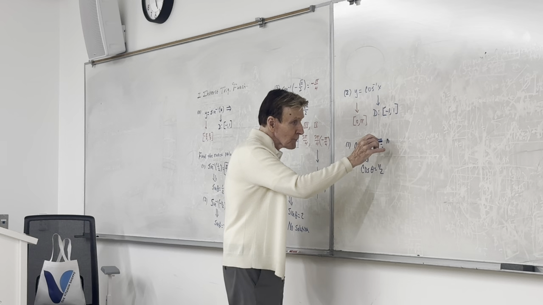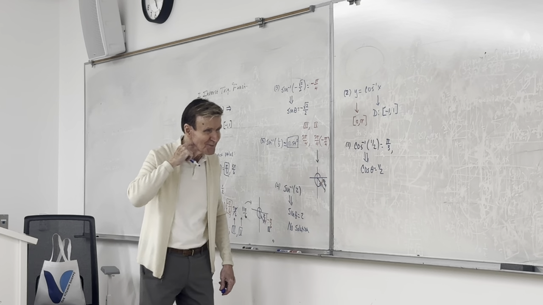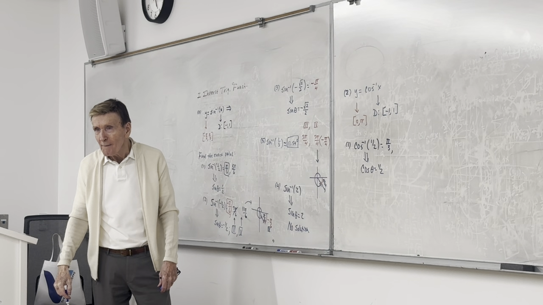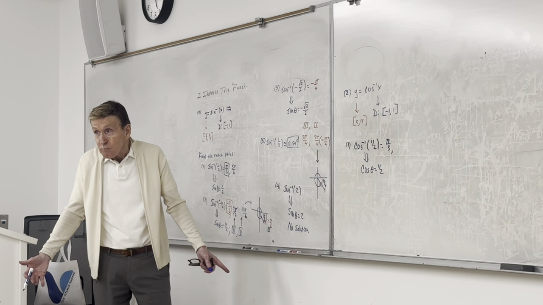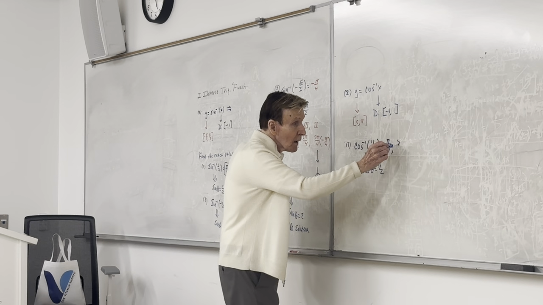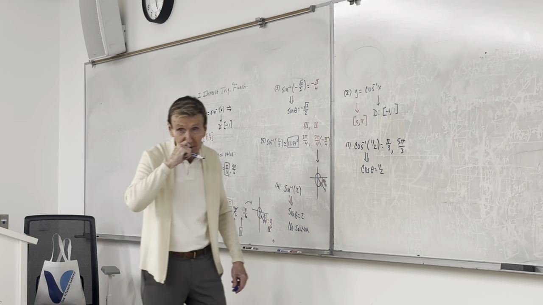That's a positive 1/2. And where else is cosine positive besides the first quadrant? Fourth quadrant. And what's the size of the angle down in fourth quadrant? Is it 5pi/3? 300 degrees?